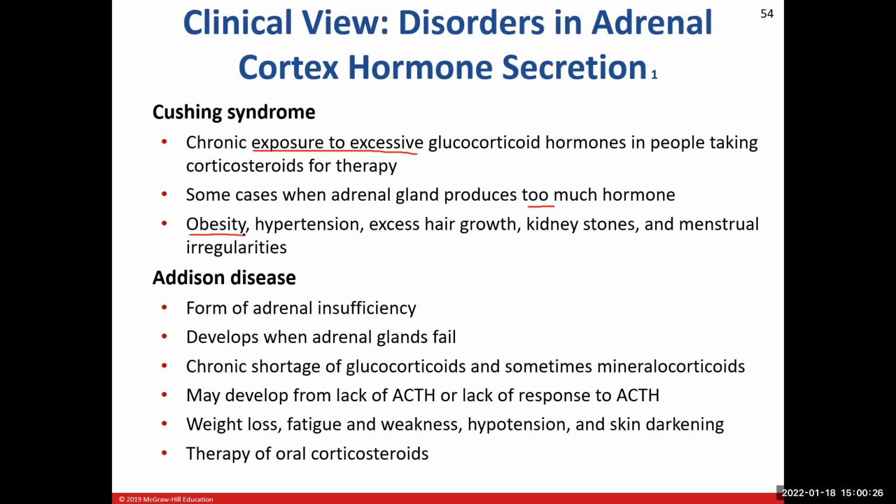You'll start to get a lot of fatty deposits around the hips. And in some cases, people will start to notice a humpback, because in Cushing's syndrome they'll start to deposit quite a bit of adipose tissue there at the base of the neck. And they'll see quite an increase in their blood pressure.